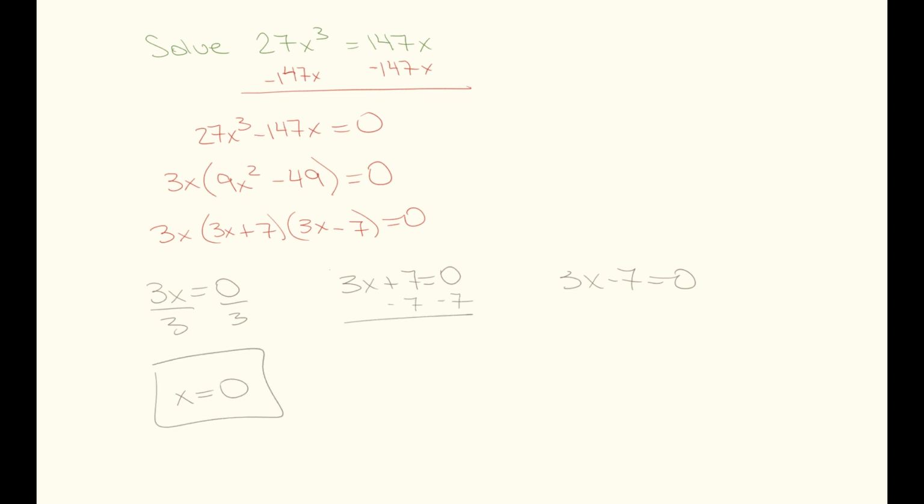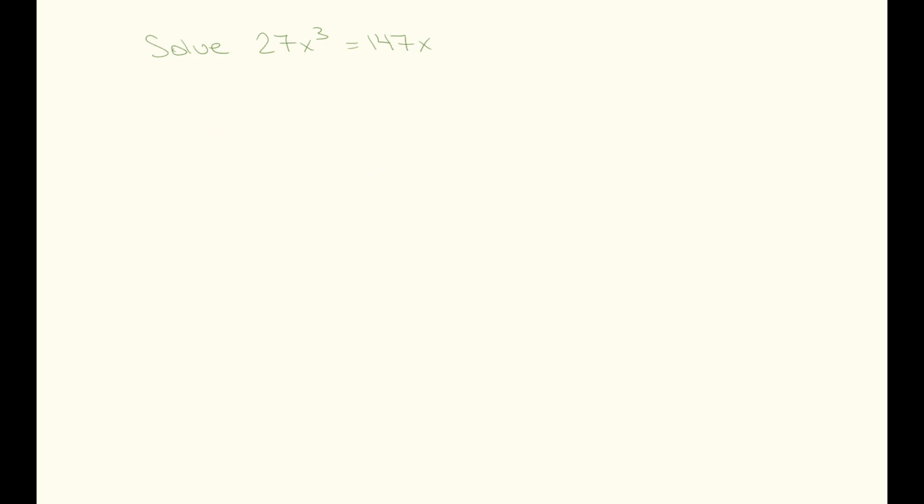Subtract 7, divide by 3. We get x equals negative 7 over 3. And add the 7. Divide by 3. And I get x equals 7 over 3. So all of these are my answers.